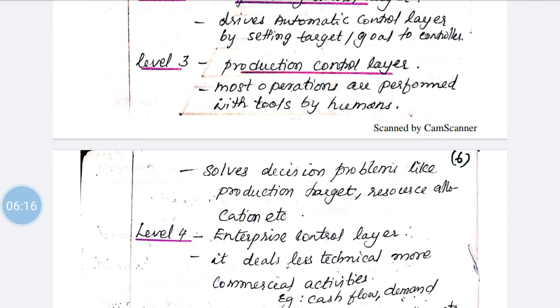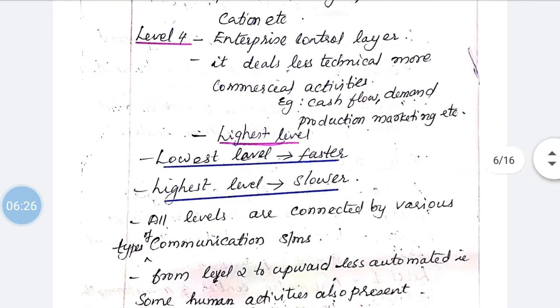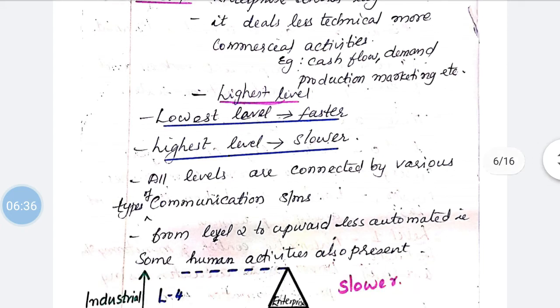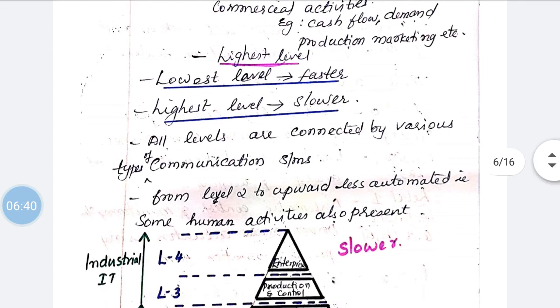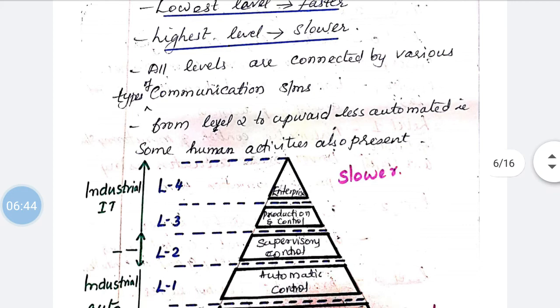Human interactions with the layers are after level 2, and it solves decision problems like production target, resource allocation, etc. Next is level 4, the enterprise control layer. It deals with less technical, more commercial activities like cash flow, demand, production, marketing, etc. It is the highest level and the topmost layer. The lowest layer is faster and the topmost layer is the slower layer.